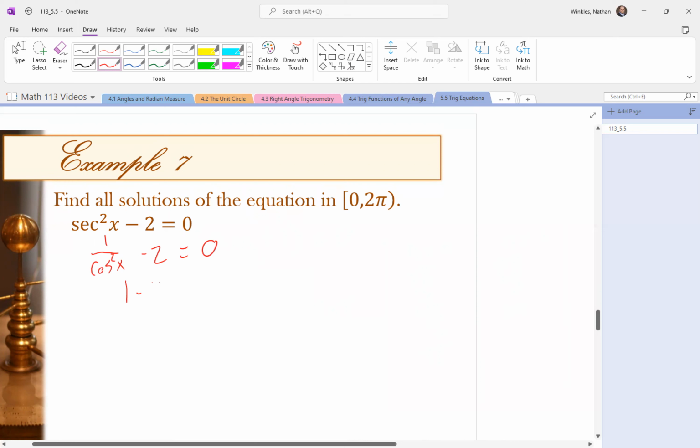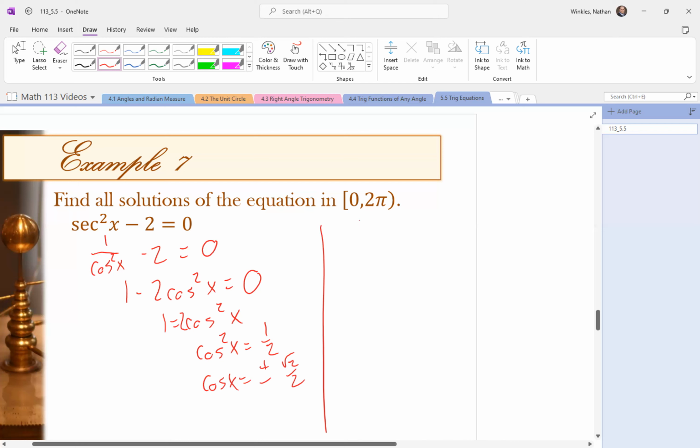Then we can say 1 minus 2 cosine squared x equals 0. 1 equals 2 cosine squared x. Cosine squared x equals 1/2. So that would mean that cosine x equals plus or minus the square root of 2 over 2.